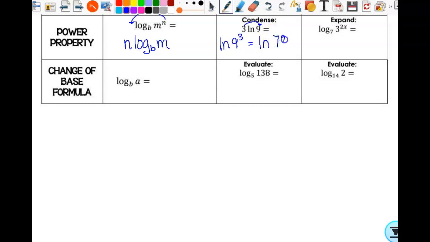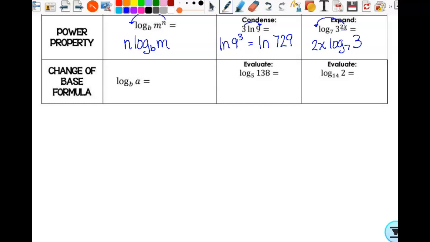Good. All right. And then I have this 2x. This whole thing is the exponent, so it can come out here. So I get 2x times log base 7 of 3. Okay. Any questions at all?